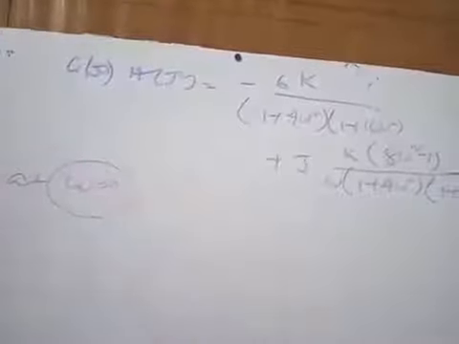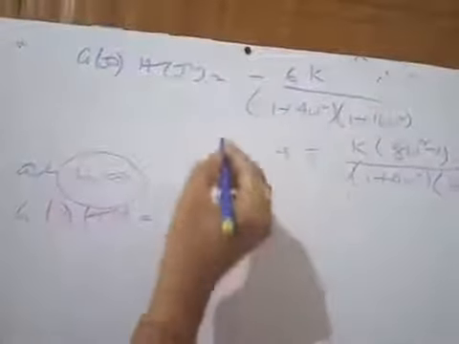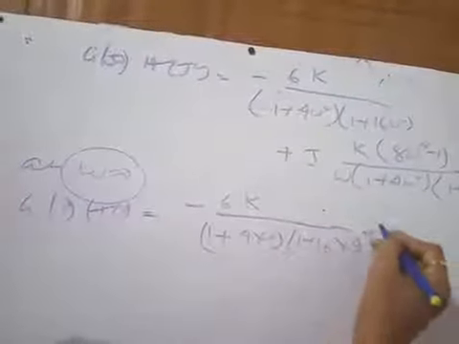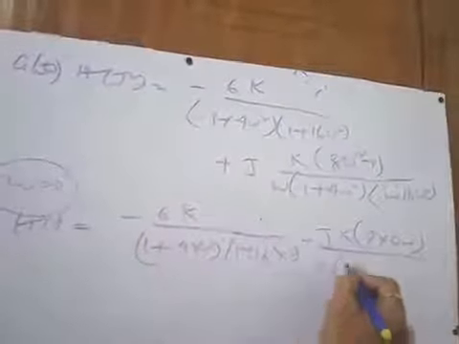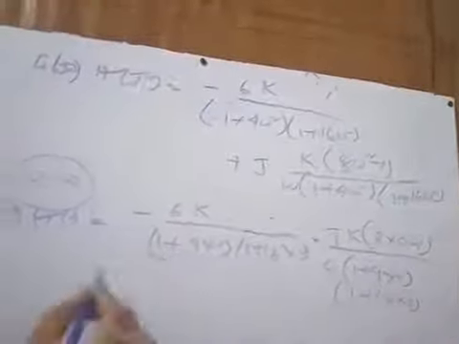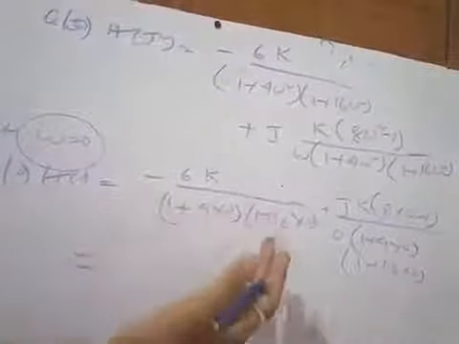So now at omega equal to 0, as we know for the polar plot we have to find G(0) H(0), just put the value of omega equal to 0 in both the terms. We get 1 plus 4 into 0, 1 plus 16 into 0, never jump any step. So k into 8 into 0 minus 1 divided by 0 into 1 plus 4 into 0, 1 plus 16 into 0, because this step jump can give you some problem regarding the solving of this Nyquist plot.